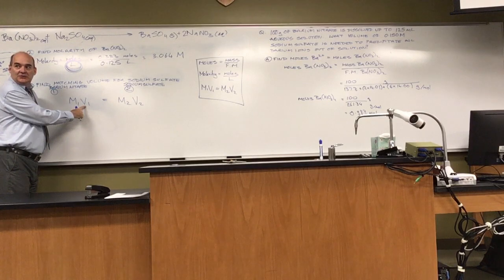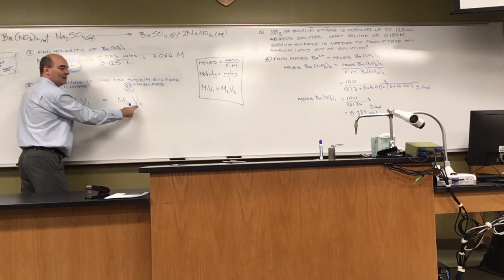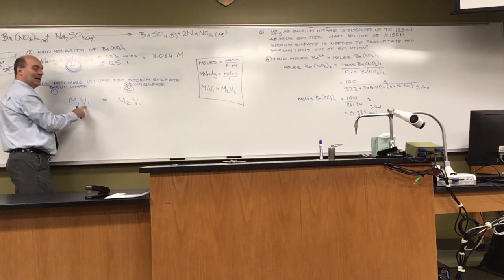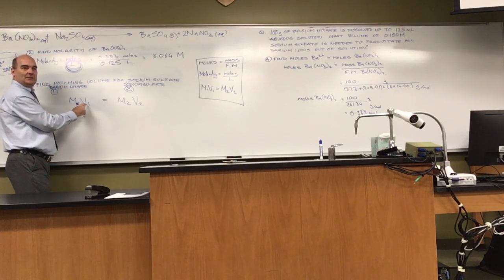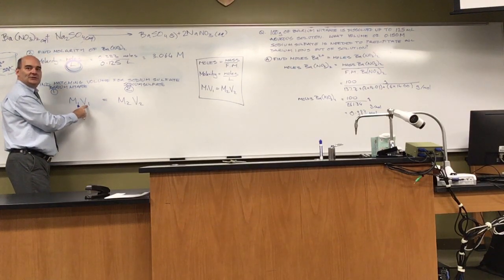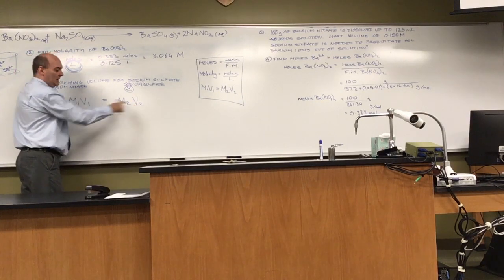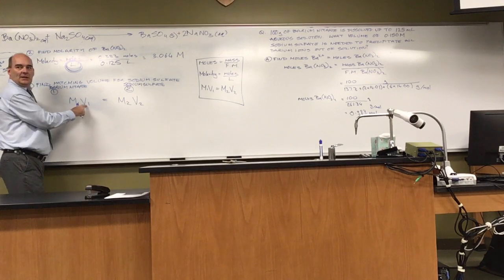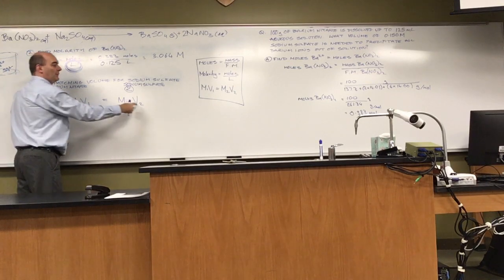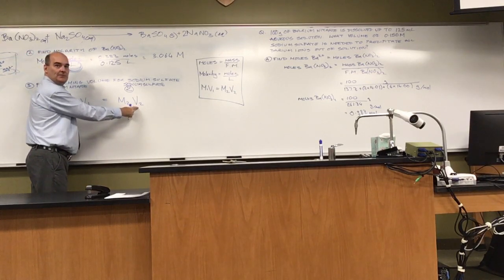This one doesn't. It just has to be the same unit as that one. So if you keep this as liters, as that 0.125 liters, then that answer is going to come out in liters. If you keep this one as milliliters, that one comes out as milliliters.